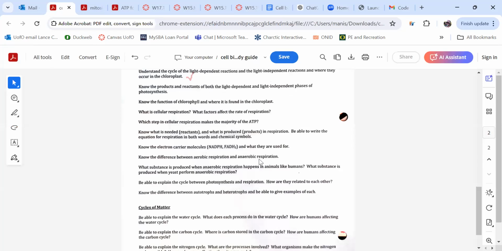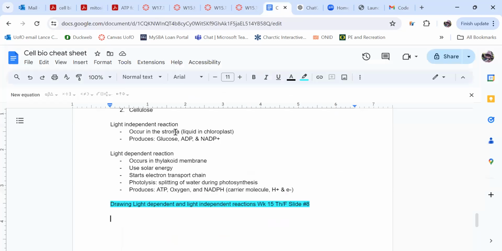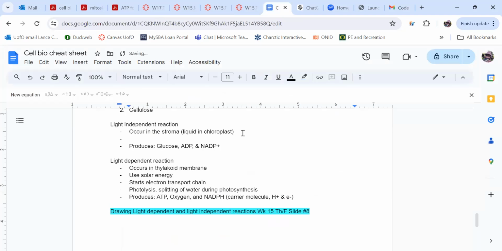And this wants us to decide the products and reactants of both light-dependent and light-independent reactions. So in my cheat sheet, I have light-independent reaction. We got produces. Let's put reactants. Both of those.